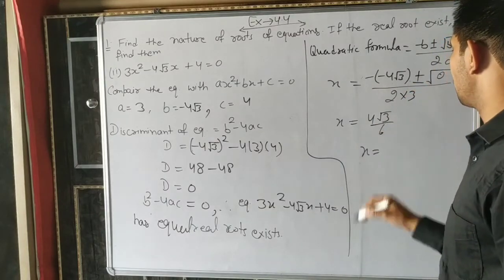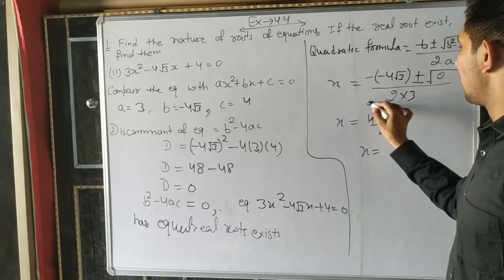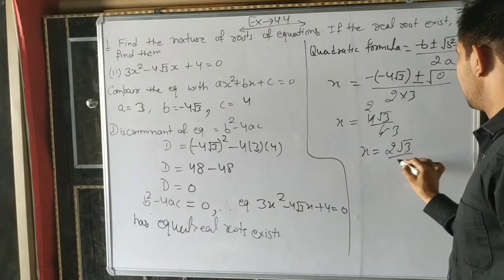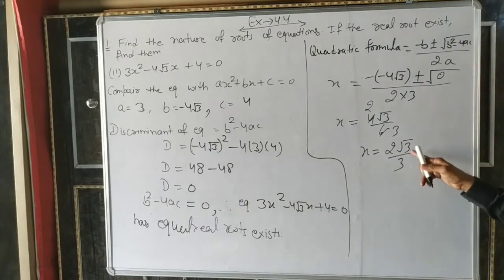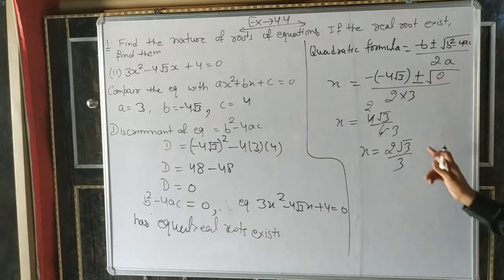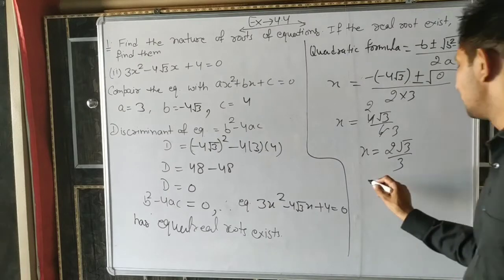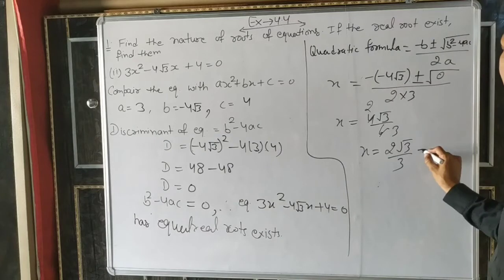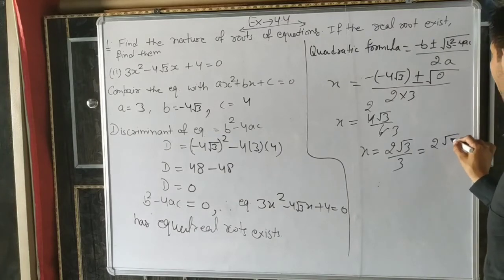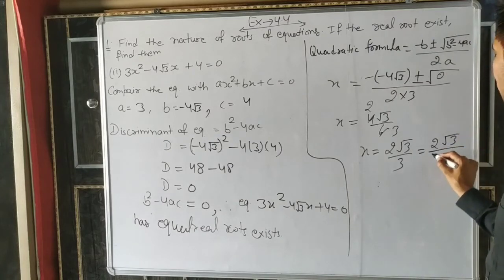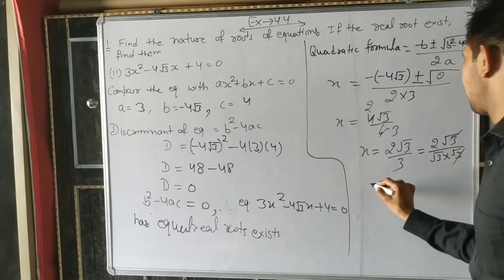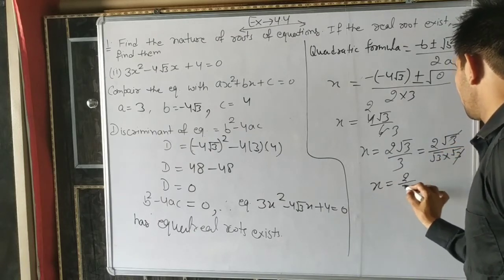So x equal to 4 root 3 divided by 6, which is 2 into root 3 divided by 3. Can we cut root 3 with 3? Yes, because 3 we can write as root 3 into root 3. Cancel. So what remains? It is 2 upon root 3.